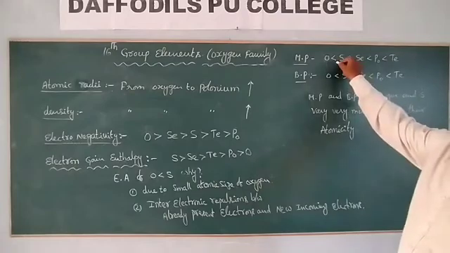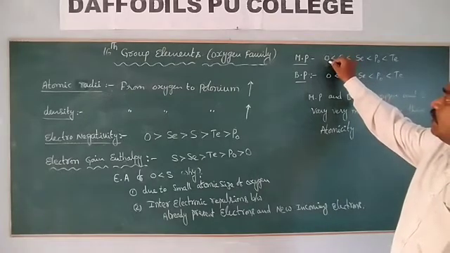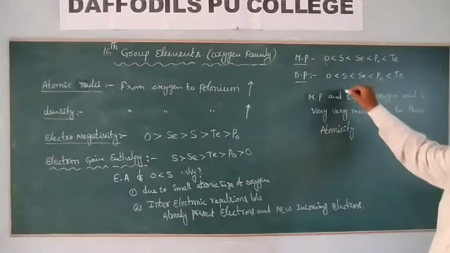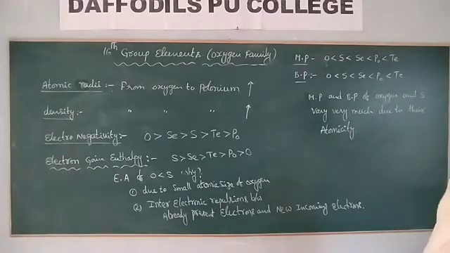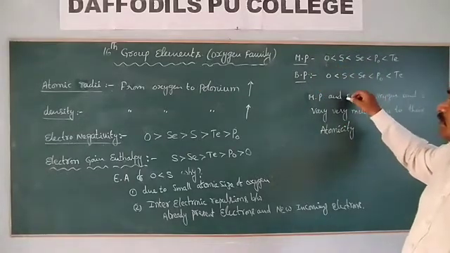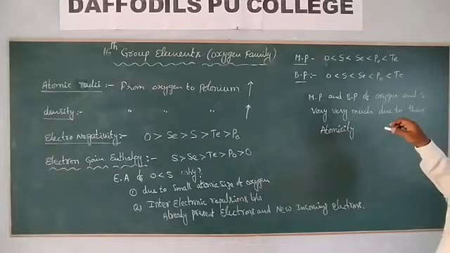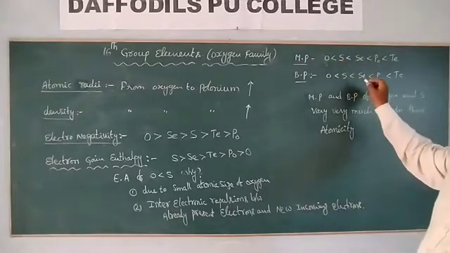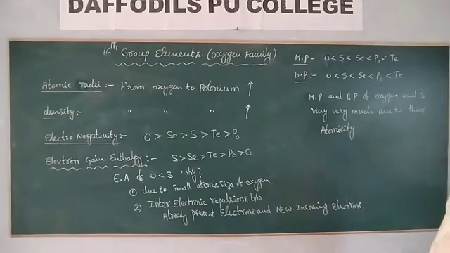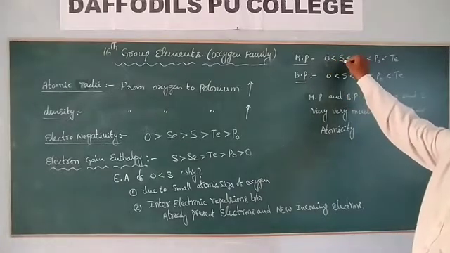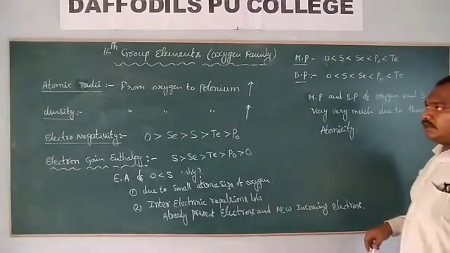Due to that, and due to the atomicity difference, oxygen is diatomic and sulfur is octatomic, the melting and boiling points of these two elements differ very much. Atomicity also differs very much.